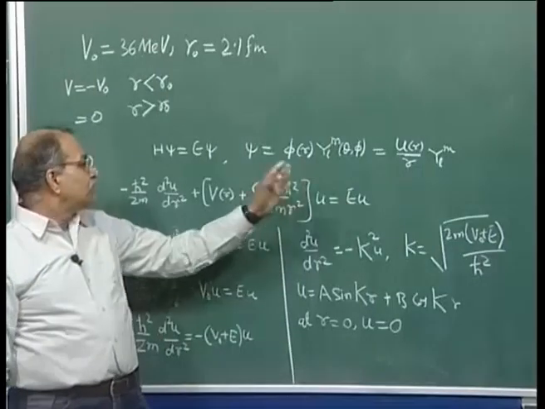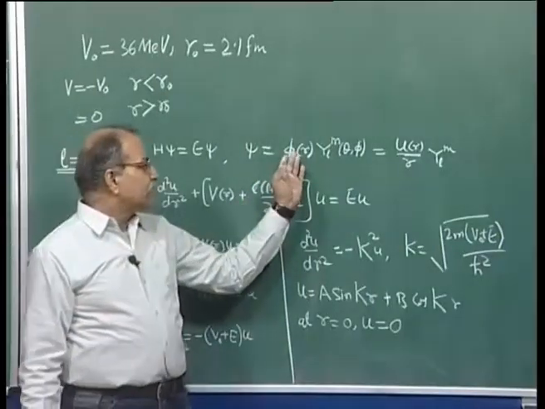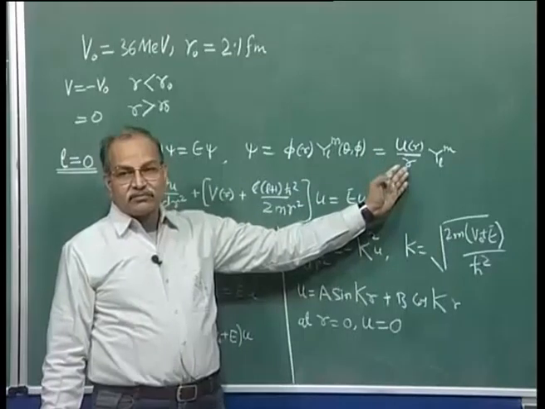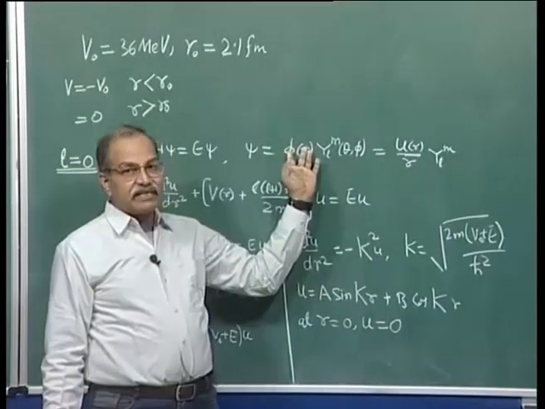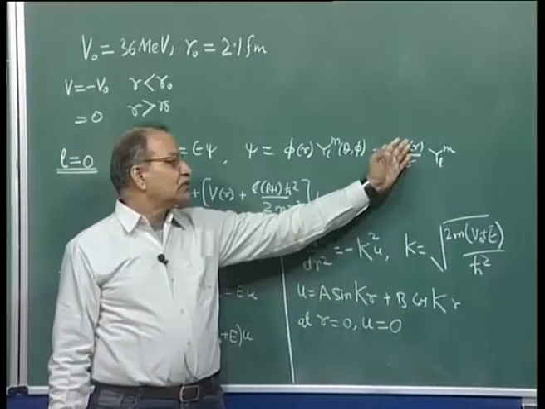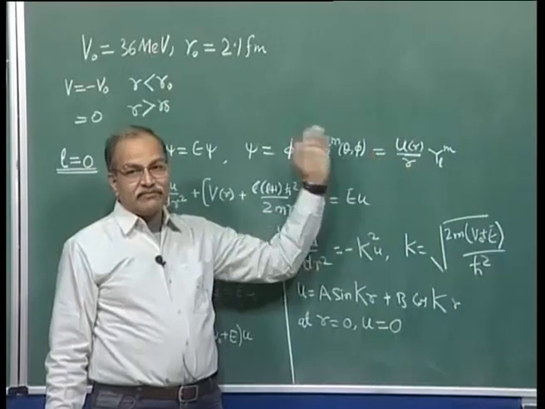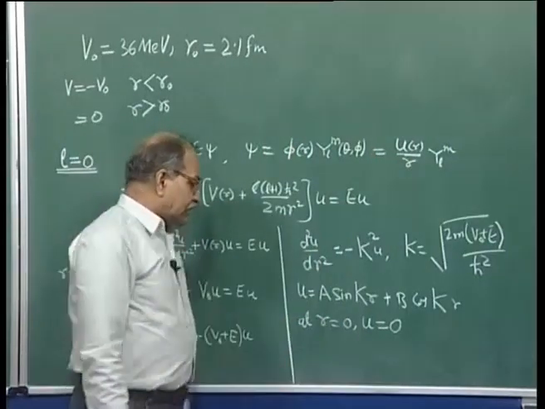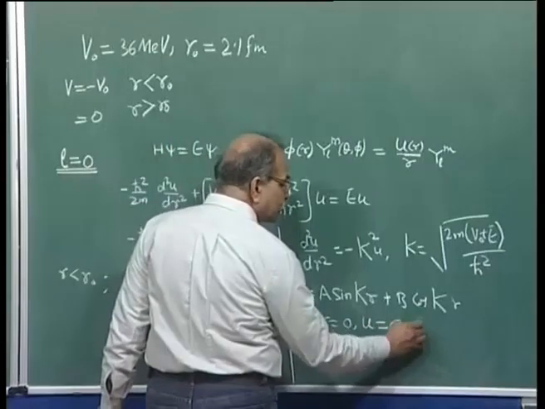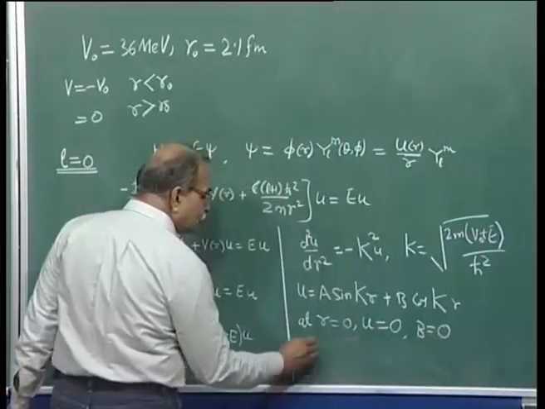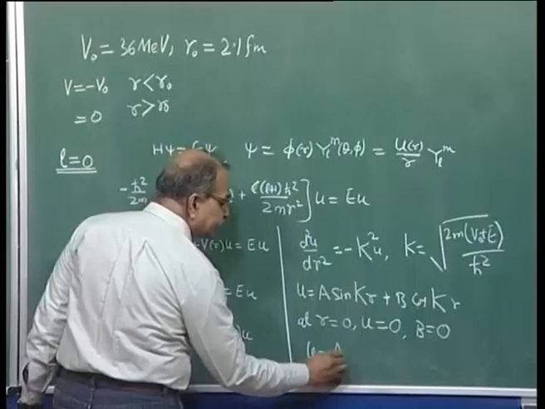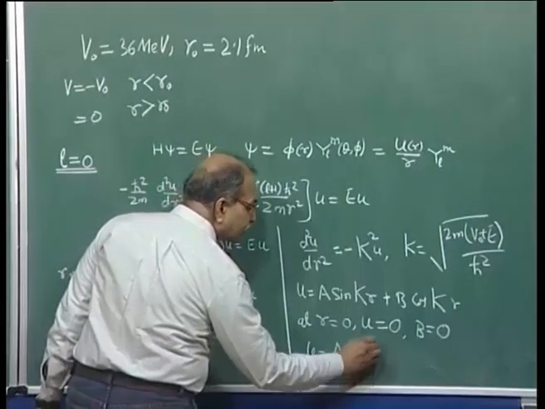This is coming from the very definition, your radial part is u divided by r, and this has to be finite everywhere. So, at r equal to 0, u should be 0, only then it can be finite. That gives you b is equal to 0. So, u is a sin Kr.